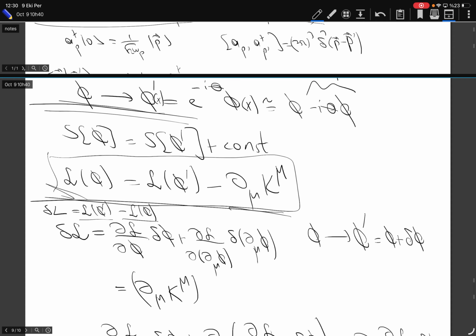And that difference has to be equal to del mu of k mu. k mu can be 0 also. For example, in this phase change, k mu is 0. Under rotations, k mu is 0.